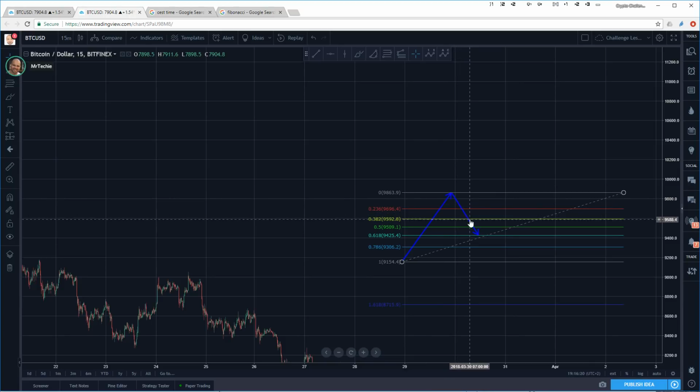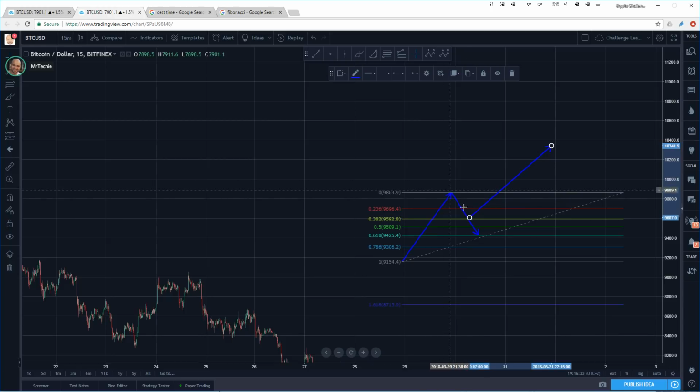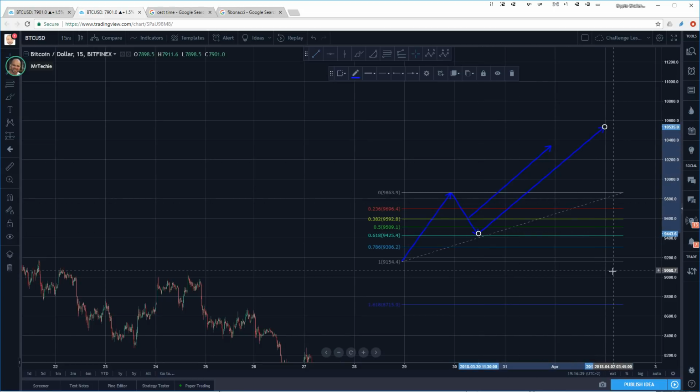You watch at the 382 and you see, did we actually have the reversal at the... Okay, my mouse seems to not want to be clicking today. Did we have the reversal here at the 382, or did we actually come back down towards the 618 and then take off? Those are the two key points that you want to have a look out for, okay, when you're deciding when to enter, when to buy.